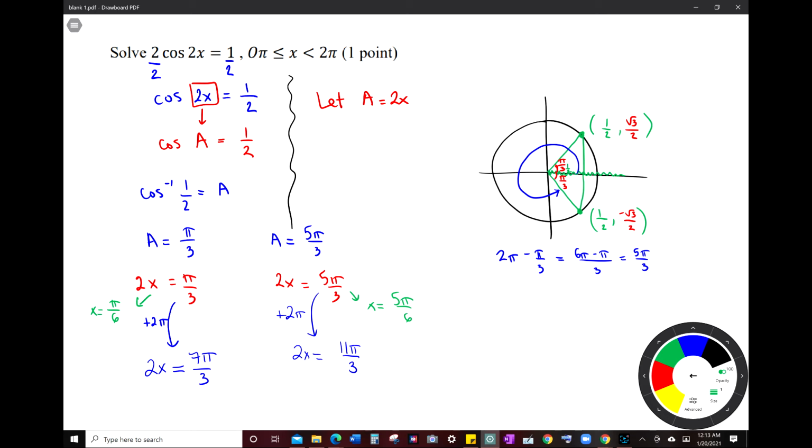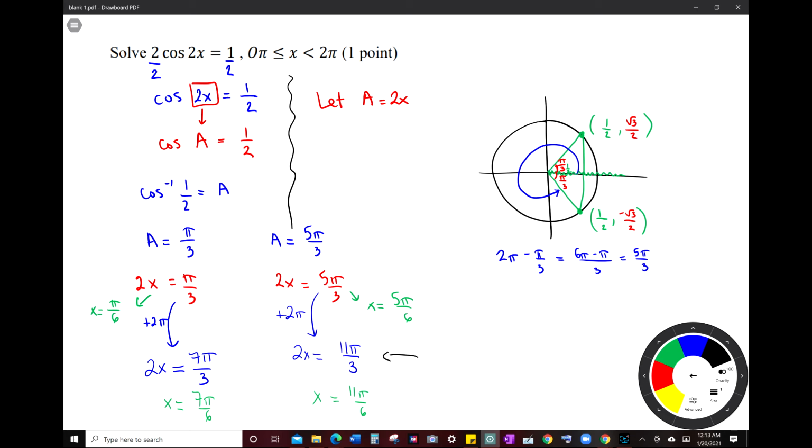For the third one, x equals 7 pi over 6. And the last one will be 11 pi over 6. You might see that at the earlier step I had answers bigger than 2 pi. However, after I divide everything by 2, now we have the solutions within 0 and 2 pi.